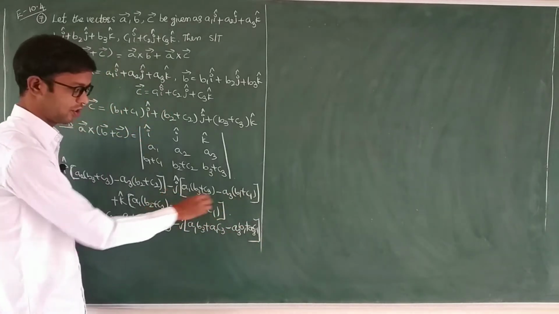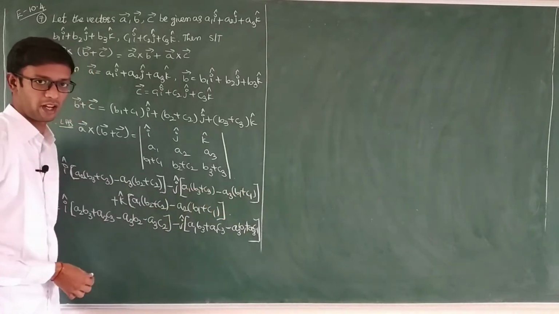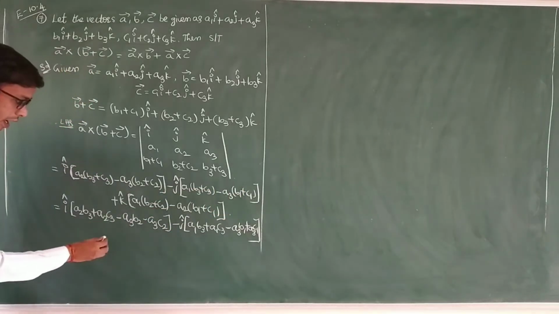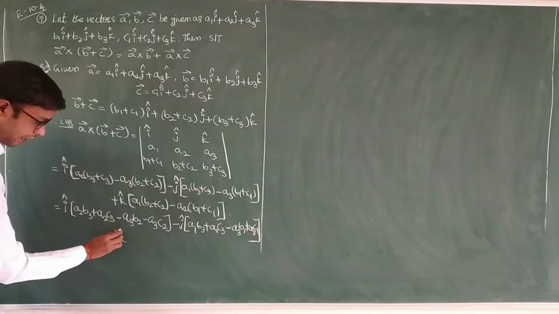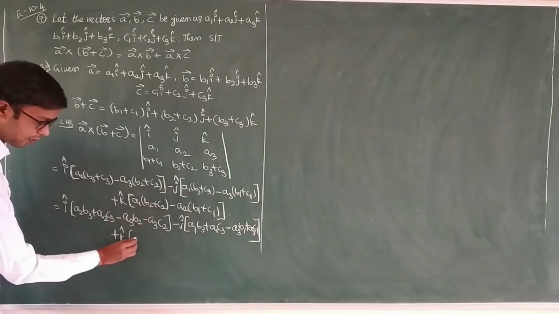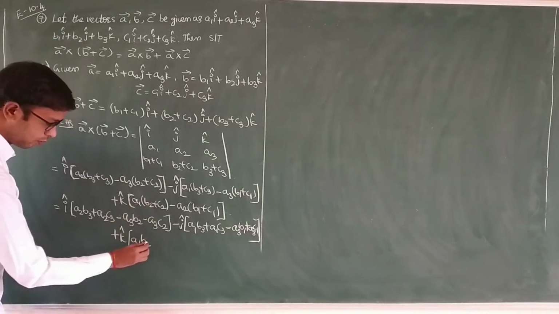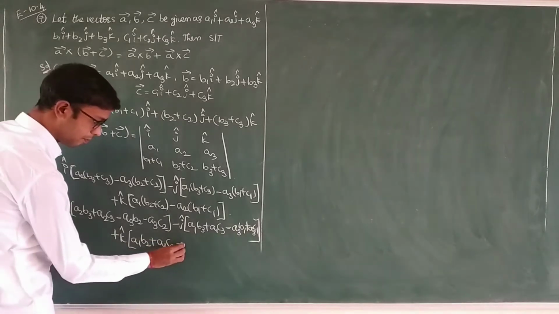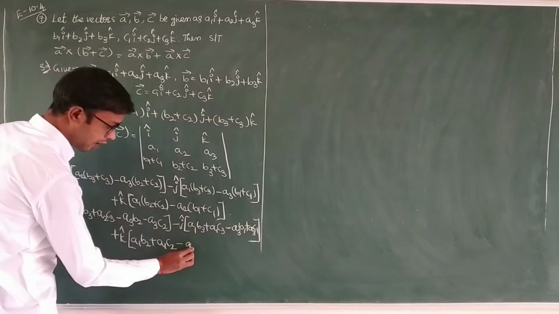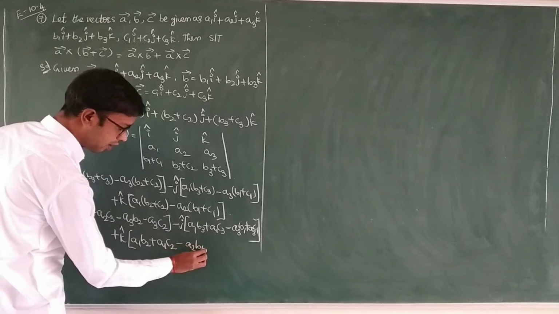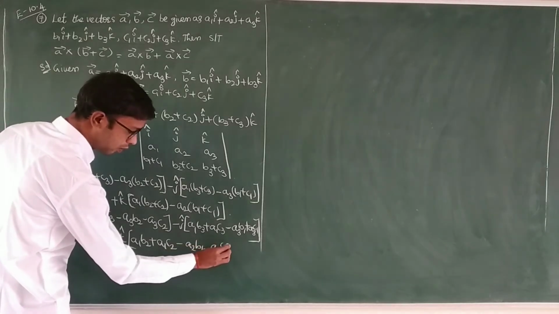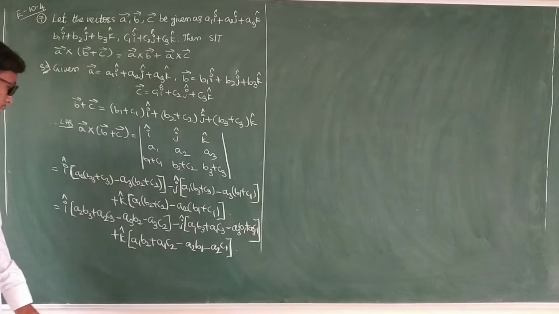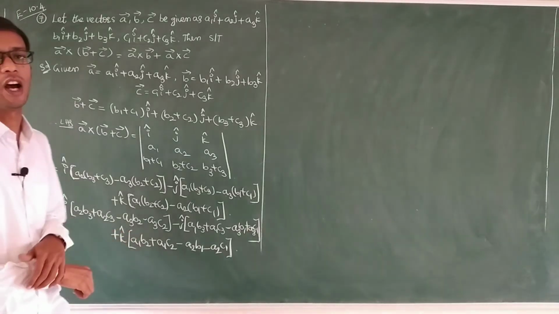Just here multiplication inside this bracket, nothing else is there. Next plus k cap into A1 B2 plus A1 C2 minus A2 B1 minus A2 C1. So this is the LHS part here, we will stop here.